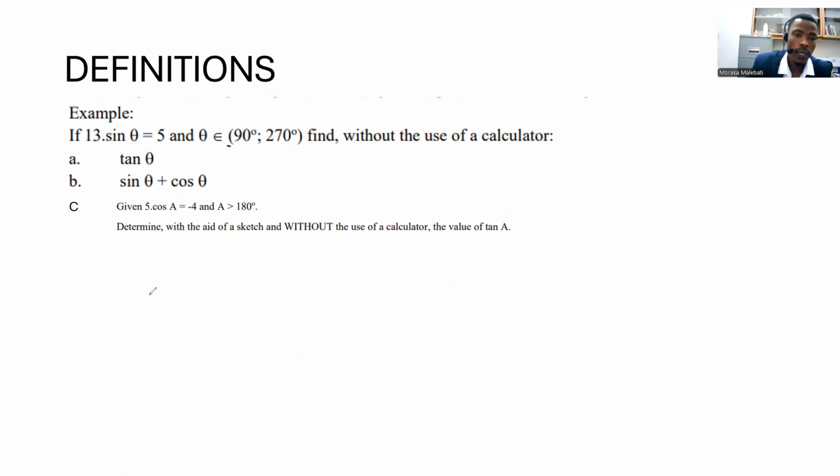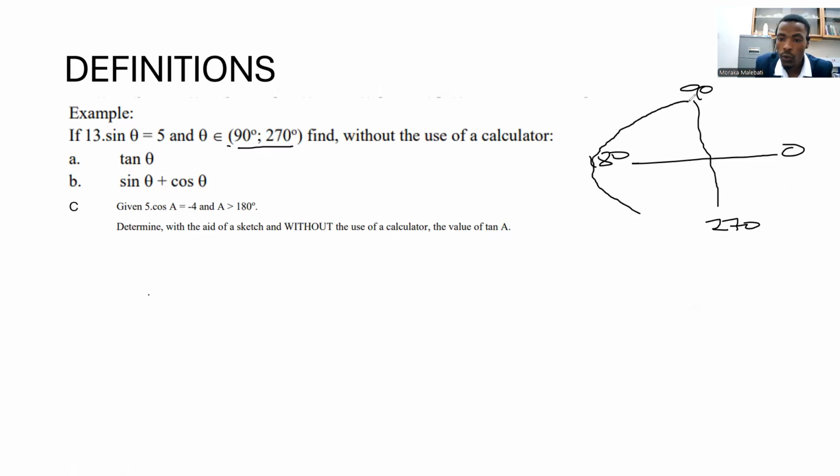They say if 13 sine theta equals 5, and we have the restriction that theta is an element of 90 to 270. So if you have the Cartesian plane like this, with 0, 90, 180 and 270, theta ranges from 90 all the way to 270.